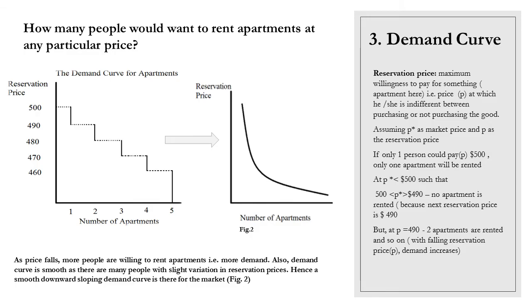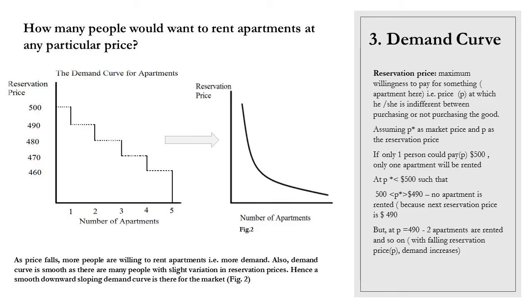Say a third customer comes and his reservation price is further down, so more apartments can be rented. The maximum price a consumer is willing to pay is called his or her reservation price. As a consequence, we can observe that as price falls, more people are willing to rent apartments. That is, the demand is increasing.